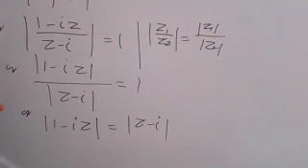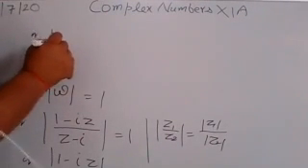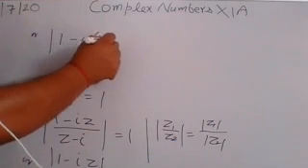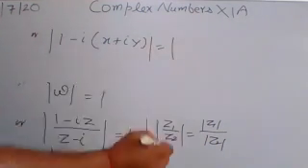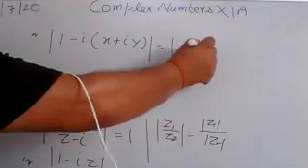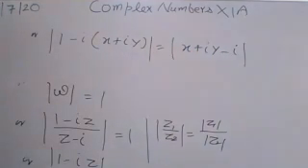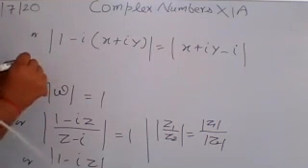Yes, sir. Okay, so putting the value of z, you have mod of 1 minus i times (x plus iy) is equal to mod of x plus iy minus i. Now you write it in standard form.